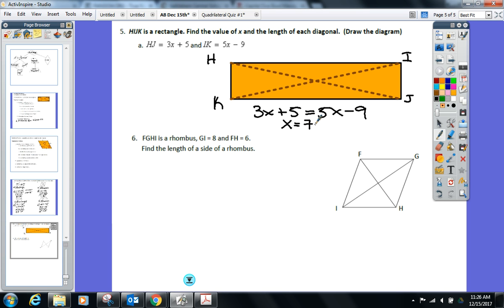Make sure you guys answer the question. It said find x, then find the length of each diagonal now. So I'll give you another second or two. IK, HJ.